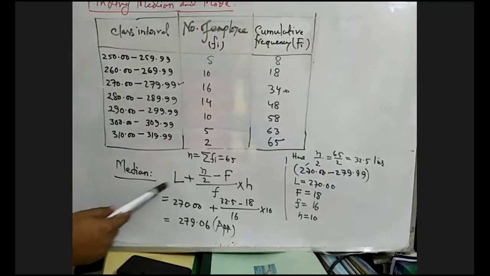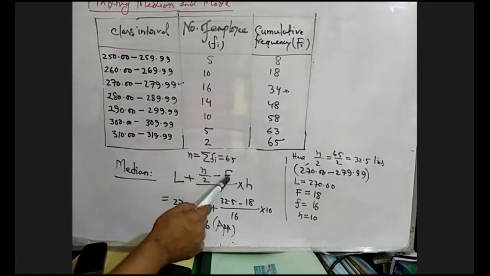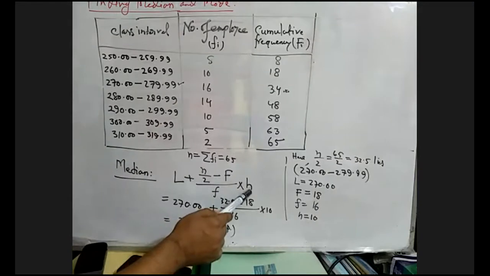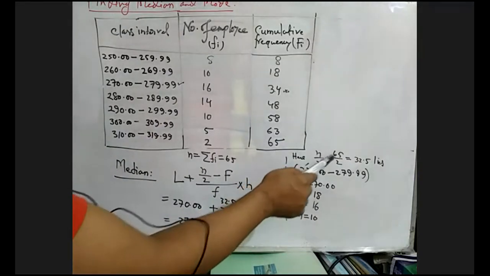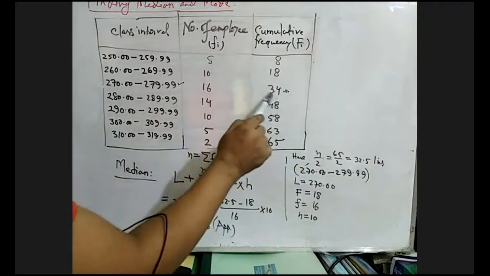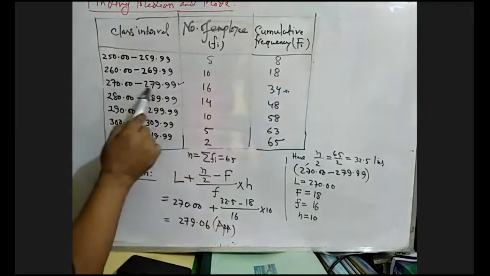Okay, the median, this is the formula. L plus lower limit of the class interval, n by 2 minus capital F, cumulative frequency of the previous median class. Small f is the frequency of the median class, 16, and h is the length of the class interval. So n by 2 means 65 by 2, that means 32.5 exists in this cumulative frequency. So this class will be the median class.